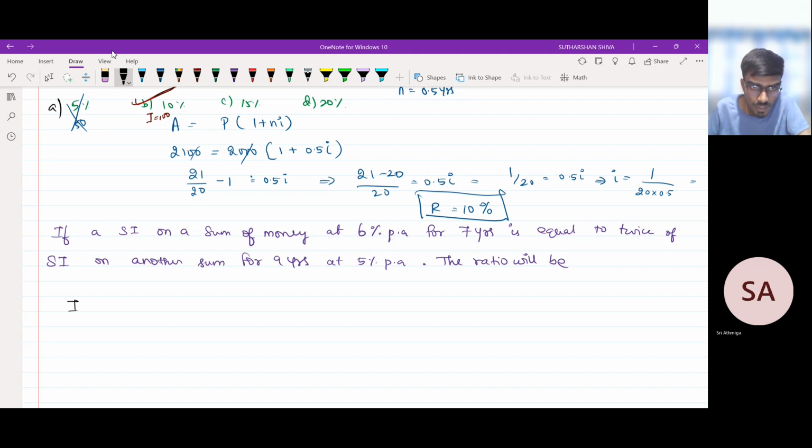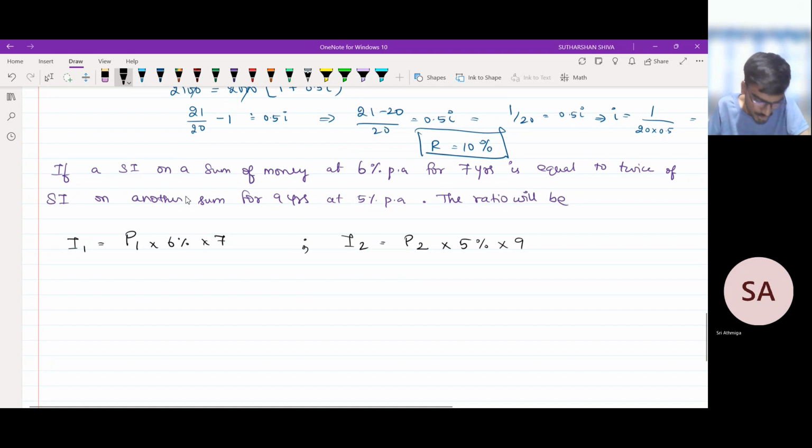So interest one is principal one into 6% into 7 years. Interest two is principal two into 5% into 9 years. I'm just writing it in mathematical expression form.